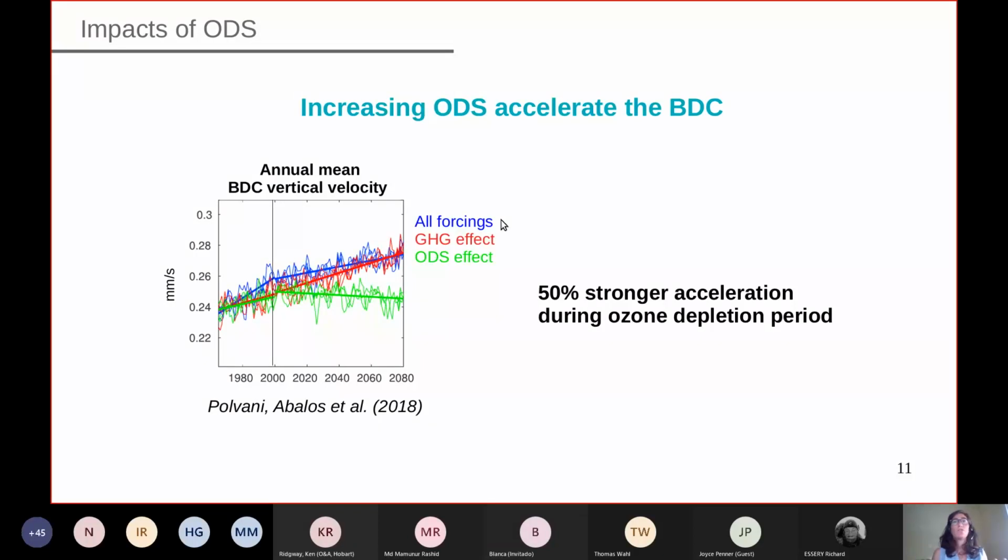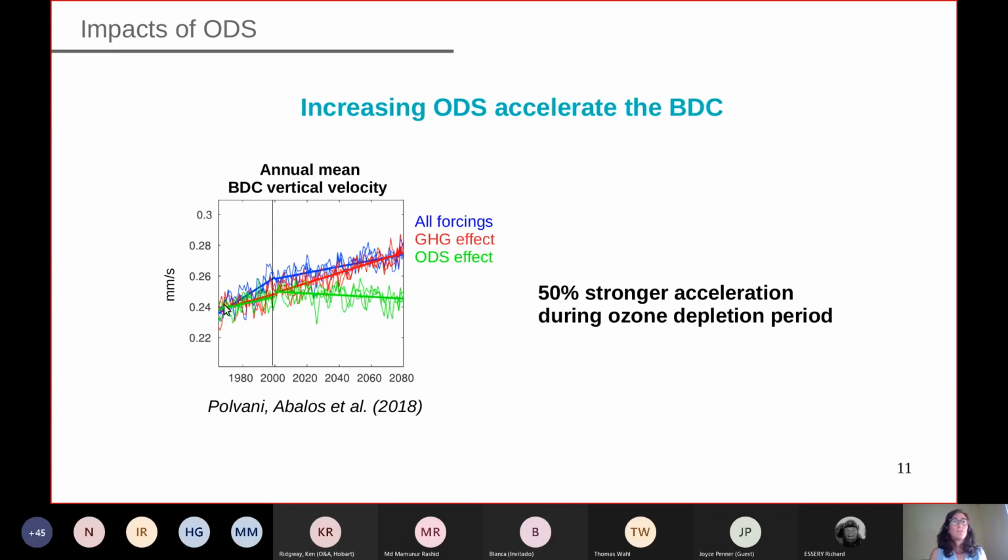So they include both greenhouse gases and ODSs changing or evolving with time, as I showed before some slides back. And then we have 2 sensitivity runs in which we isolate the effects of each of these forcings separately. And so we can attribute to each of them what's going on.